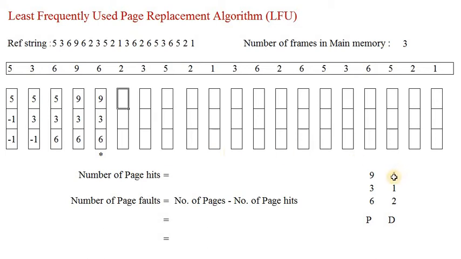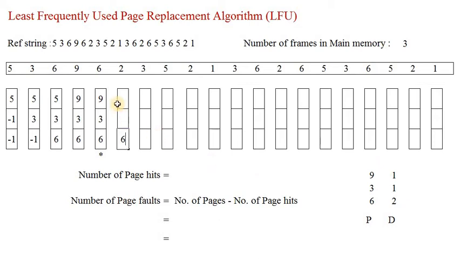Here 9 and 3 have the same degree, 1 and 1, but 6 has degree 2. So 6 cannot be deleted; 6 will remain as it is. Between 9 and 3, which will be deleted? When the degrees are the same, apply the FIFO technique, first in first out page replacement.